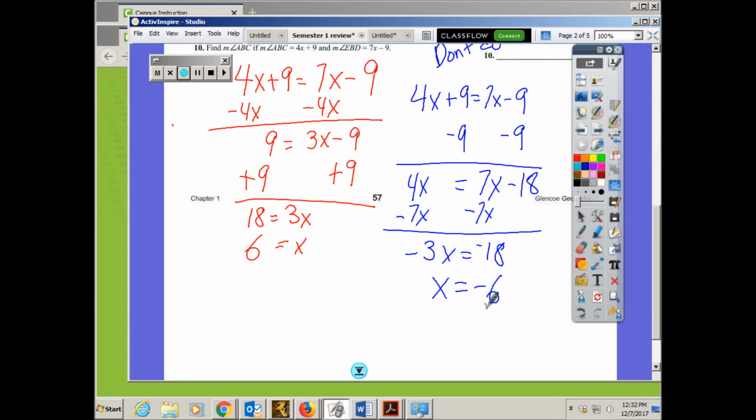So what starts to happen when you do this is I find there's a lot more places for you to mess up your sign. Now if you did it correctly, negative 3x equals negative 18. So x equals 6. So you get the right answer if you don't mess up your sign, but my experience is that's where kids will end up making mistakes, is they'll mess up the signs.